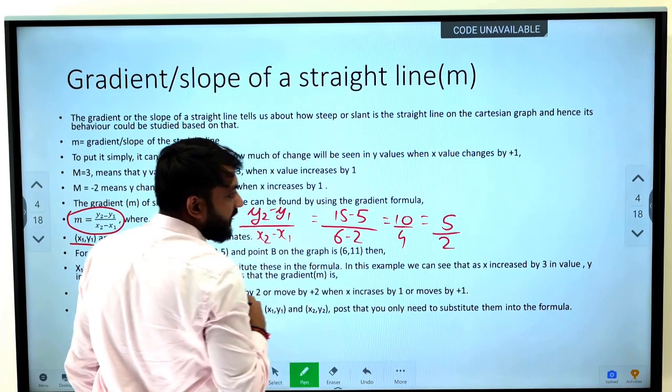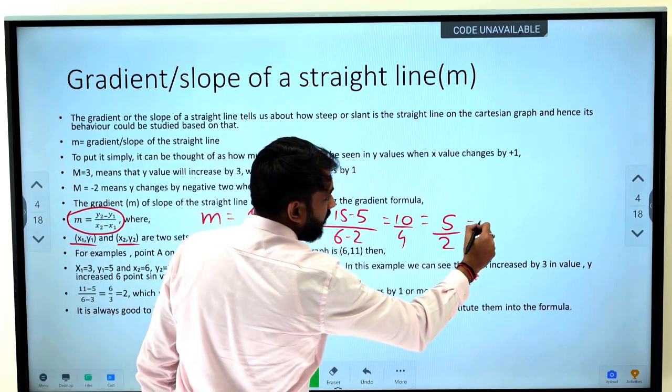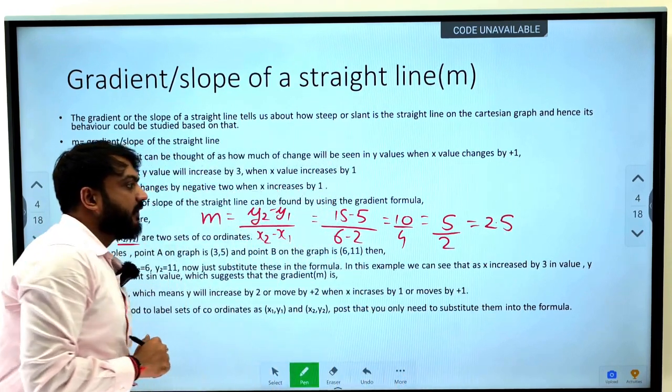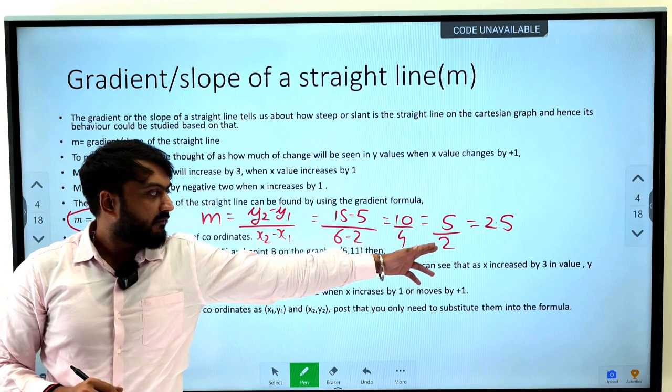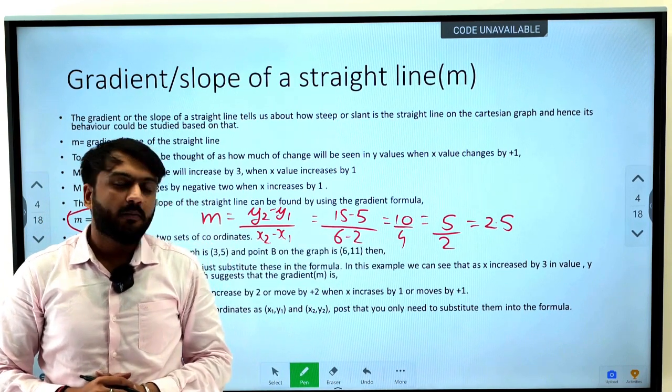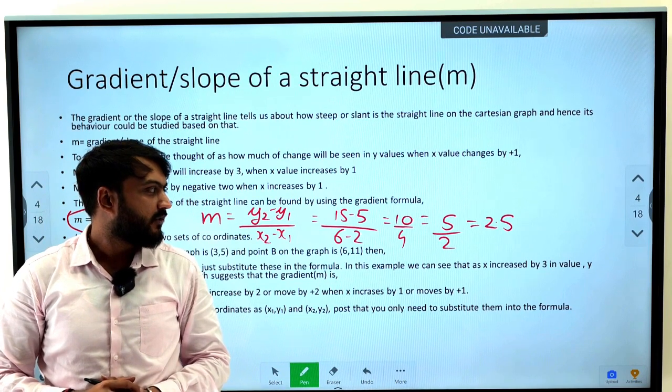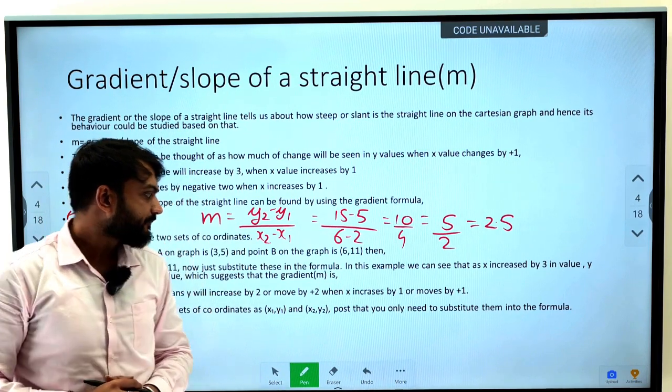Simpler version of this fraction would be 5 by 2, and in decimals would be 2.5. You can mark your answer out as 5 by 2 or 2.5, depending upon whether you are more comfortable with fractions or decimals.